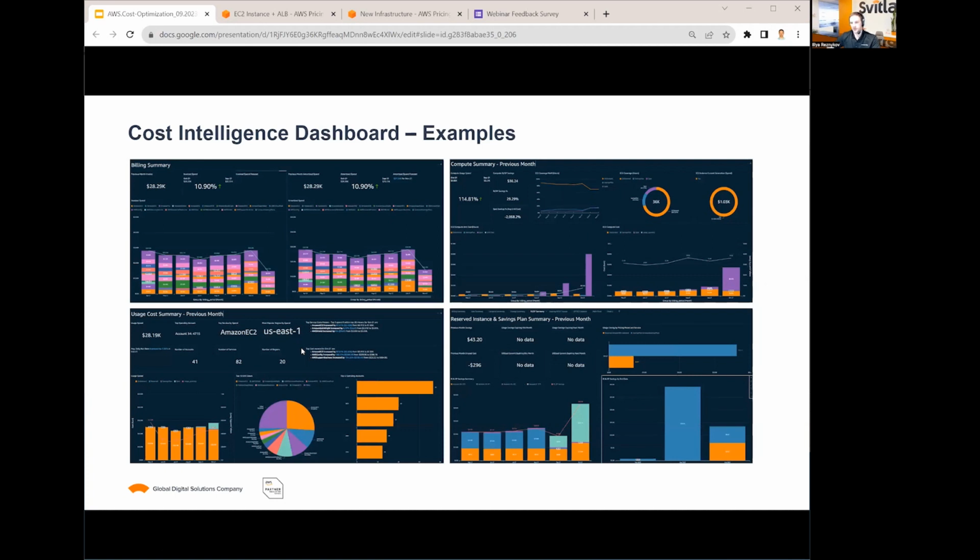Solutions provided out of the box could look like these examples, but obviously you may tune them based on your own needs and your own resources, because some companies intensively use EC2 instances, while other companies intensively use, say, container services or serverless. So based on particular features of the infrastructure, these reports could be tuned or even created, and new reports could be created.